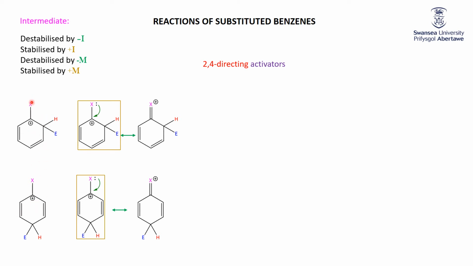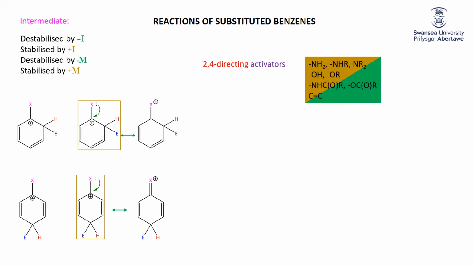Positive inductive effect pushes electrons towards the positive charge. Positive mesomeric effect gives you a fourth resonance structure. Remember, the more resonance structures you can have, the better it is. So the 2,4 directing activators are as follows.